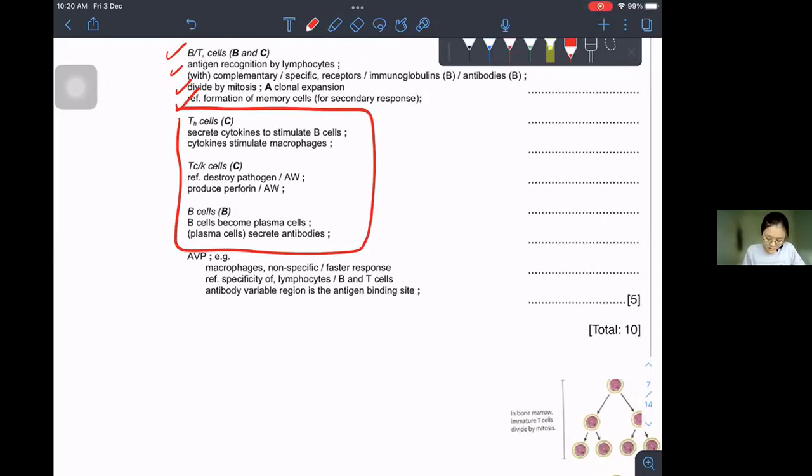So the T helper cell secretes cytokines to stimulate the B cell, and the cytokines will also stimulate the macrophages to undergo phagocytosis of the pathogen.